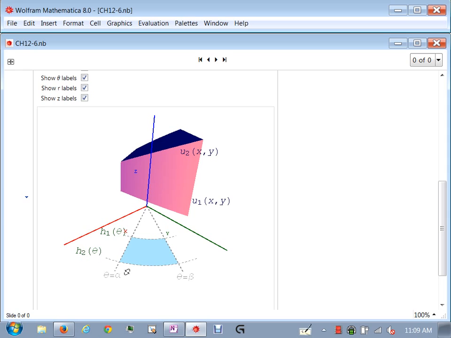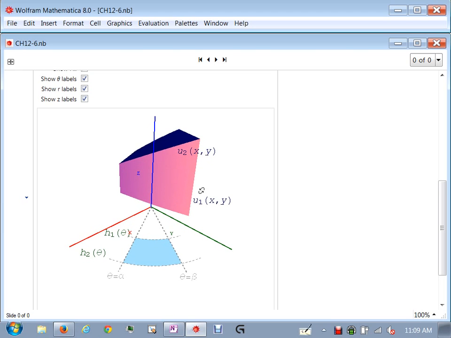So if we have this scenario where your theta is between two constants, your radii are stuck between two functions of theta, and then your surface, or your solid above it, is bounded between two surfaces. Those two surfaces are still u1(x,y), u2(x,y).